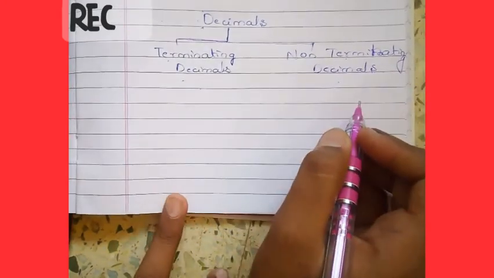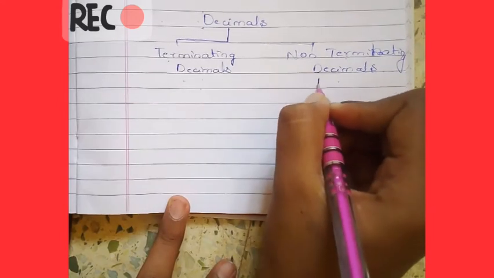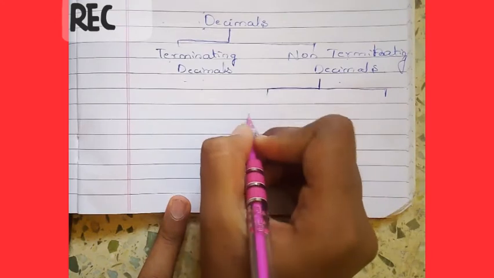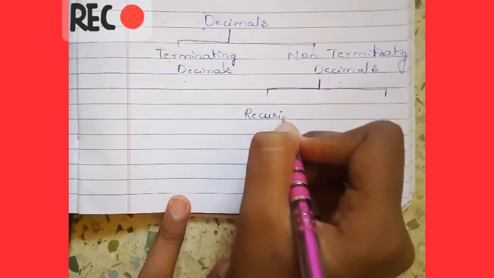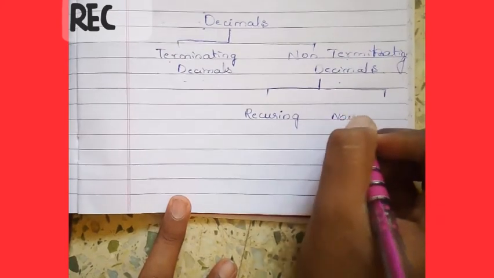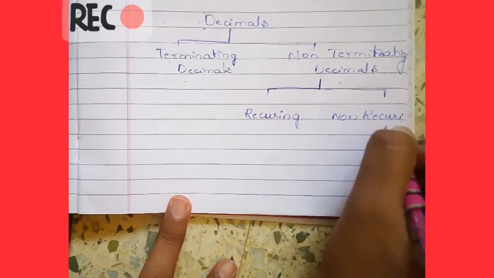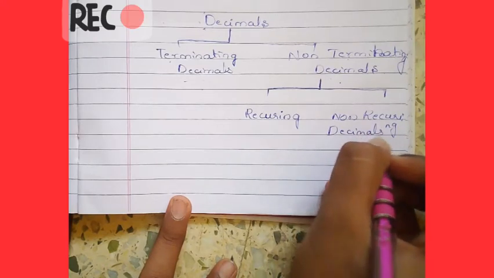In non-terminating decimals, there are two types. Those are recurring decimals, meaning repetition of the decimals, and non-recurring decimals.